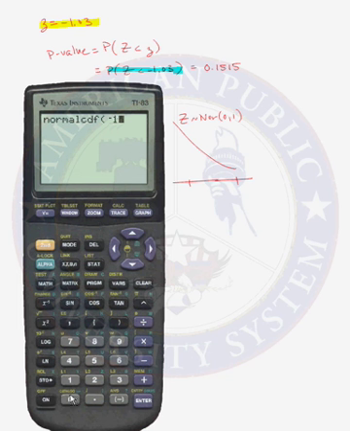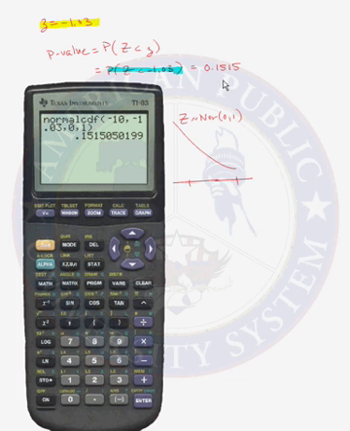Our lower bound is negative 10. We want to go all the way up to negative 1.03, so we want the area under a normal curve from negative 10 to negative 1.03. The mean of our normal random variable is 0. The standard deviation is 1. We hit enter, and we find that that area equals 0.1515, just like we have here.